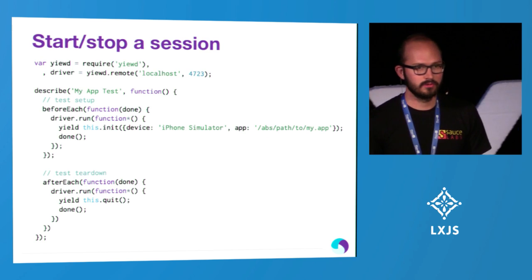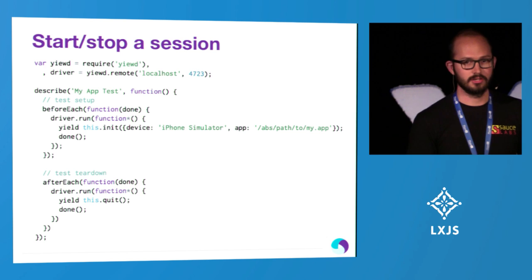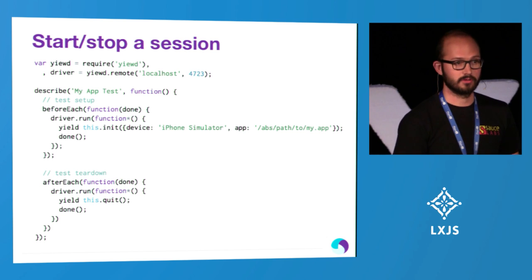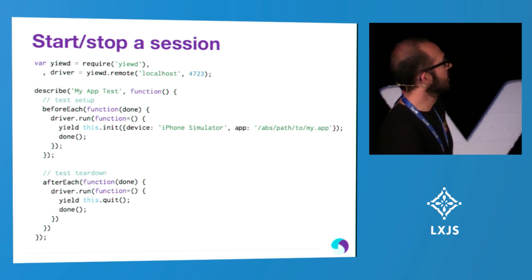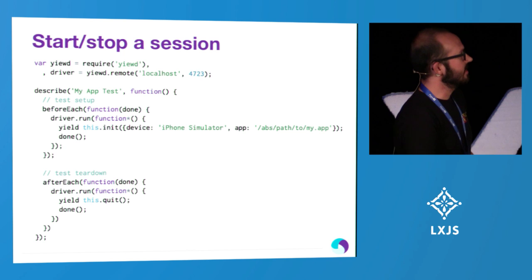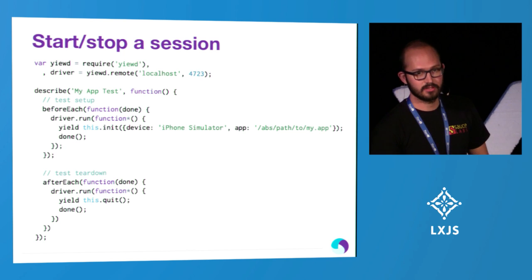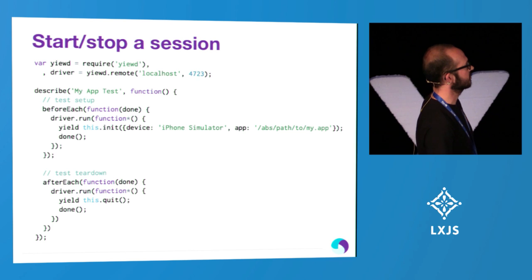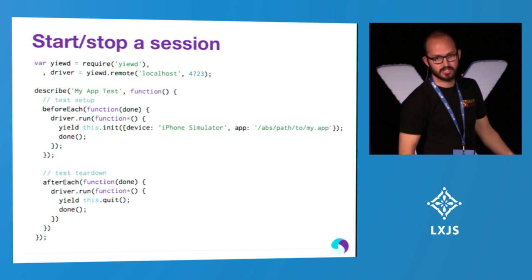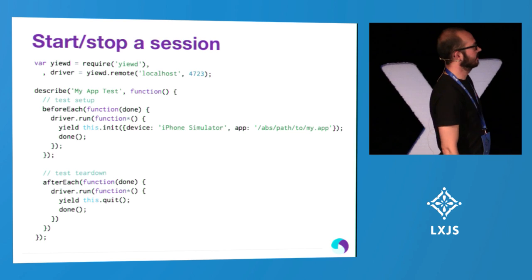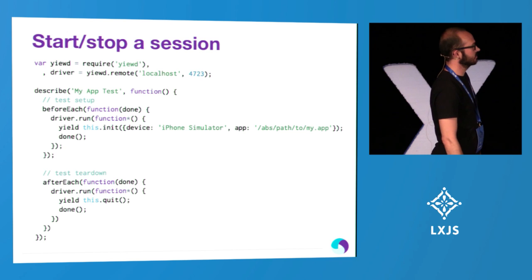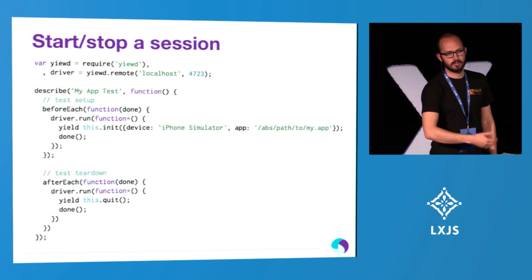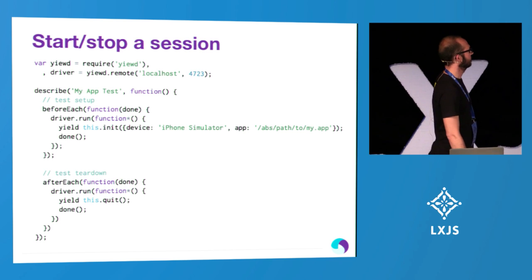So the first thing you do when writing a test is you need to initialize a session. You need to tell the Appium server, hey, I want to automate something. And you do that by passing in a desired capabilities object. That's the little object I have in the initialization function there. And I'm basically just telling Appium, hey, I want to automate an iPhone, and here's the path to the application that I want to automate with that iPhone.